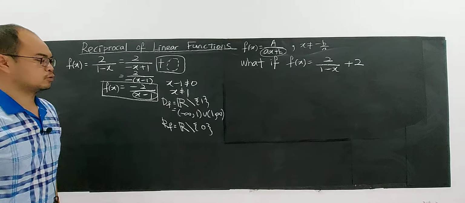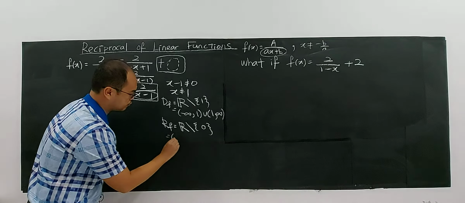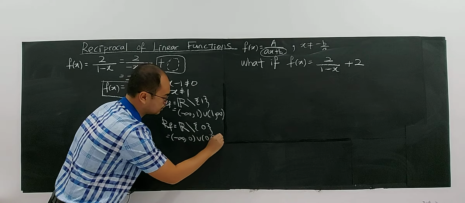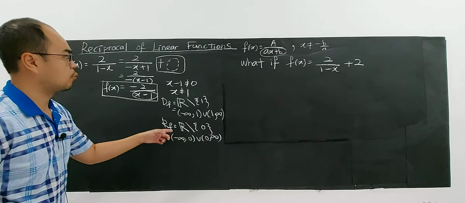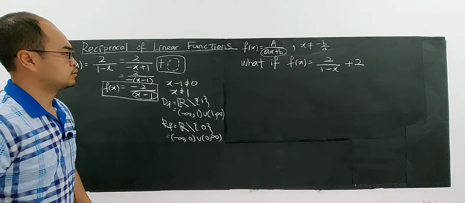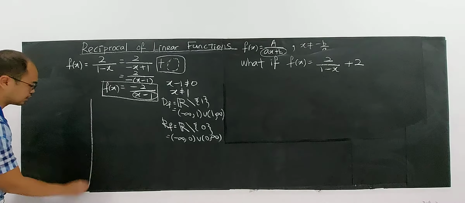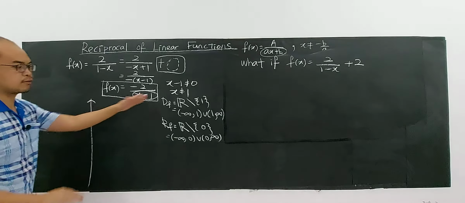So it's from negative infinity up to 0 union 0 up to infinity. This is for y; the y value cannot take 0. The shortcut is you look at the number here, and then you can start sketching the graph. Without sketching the graph, you can find the domain and range.